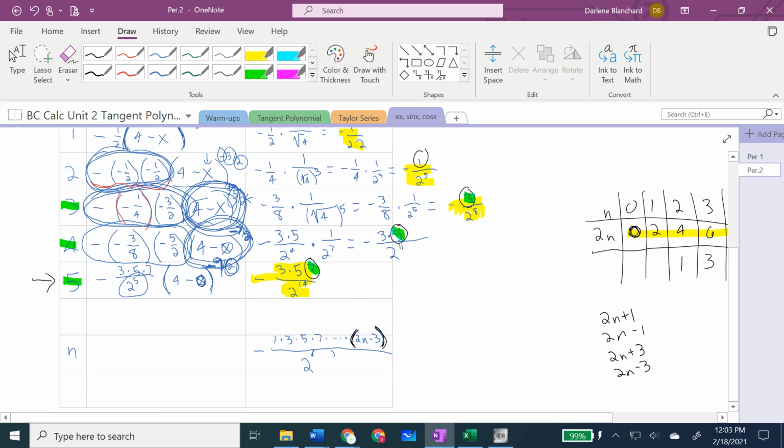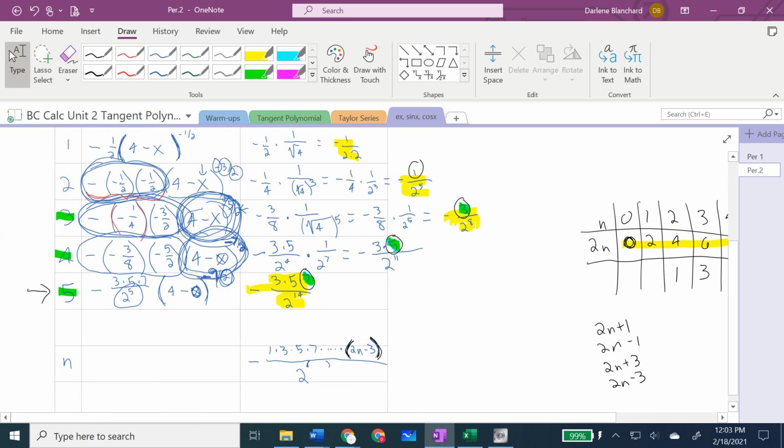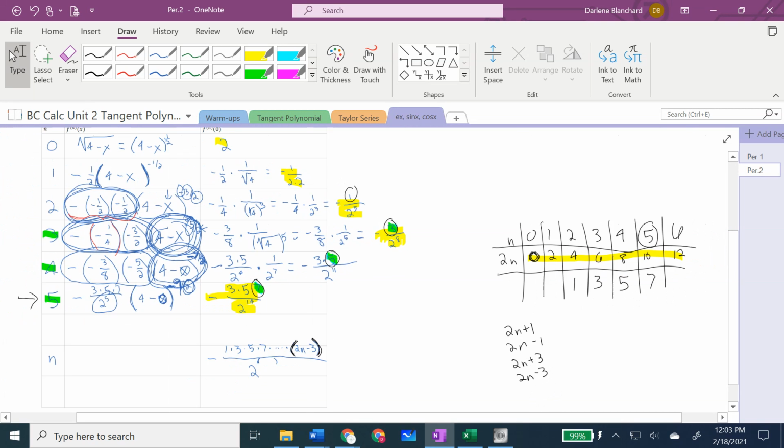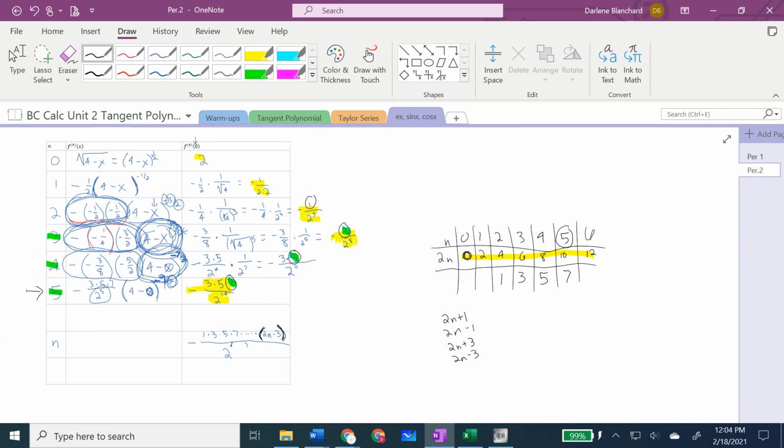Now I've got to figure out how to get the exponent in the denominator. So I'm going to kind of start this list again. I want to be able to, with 5, get 14. With 4, get 11.